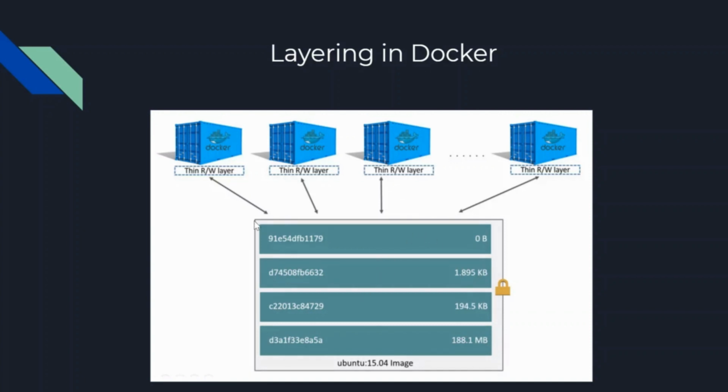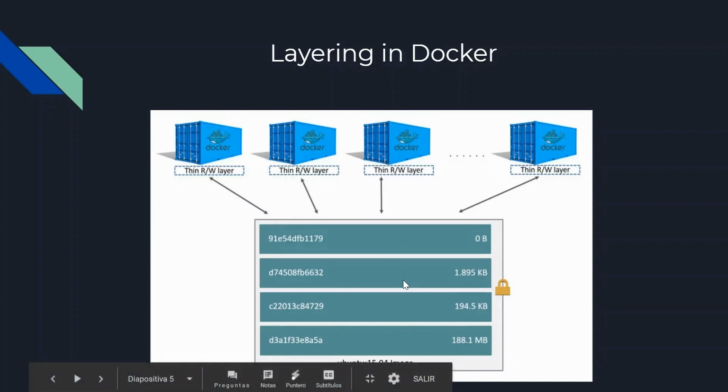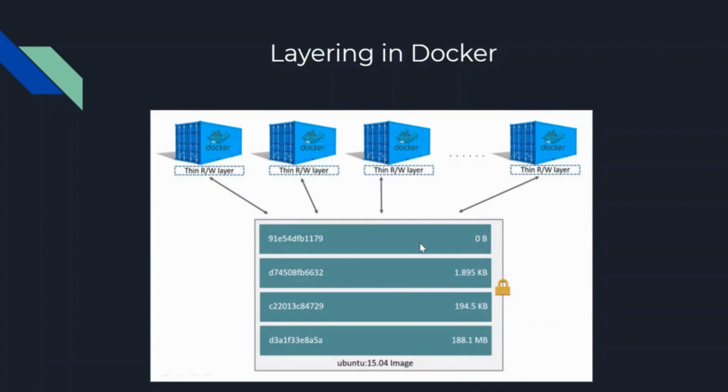Basically, when you create a container, you add a new layer on top of the image, which is a read and write layer. And that means that you can modify the content of the image in the layer that was added. But wait, the content is not going to be impacted because the layer is a temporary layer, and the info that you need from here is going to be copied here by Docker automatically.